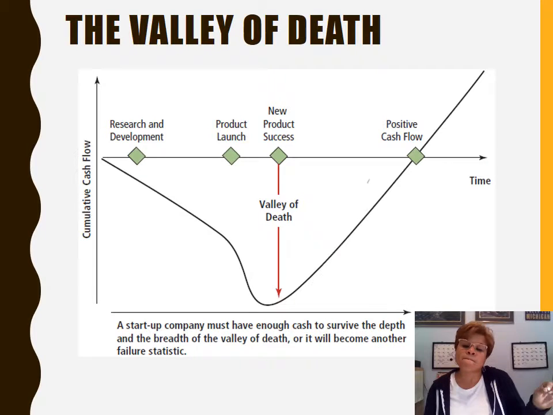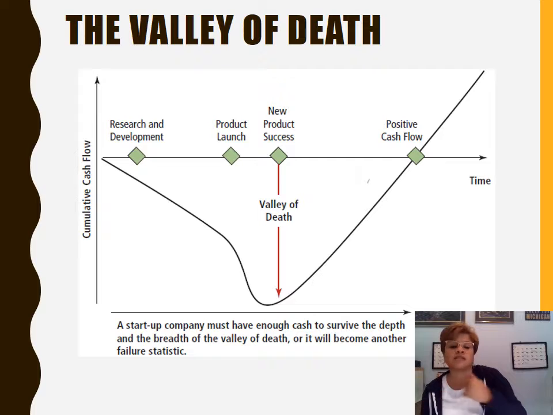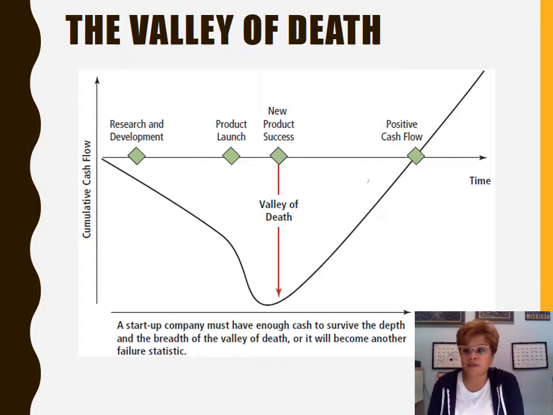Well, this is what you see on the horizontal axis, the timeline of the existence of a business. And then the vertical axis is going to show the cumulative cash flow. So research and development is usually how we start a business, kind of researching, is this business viable?